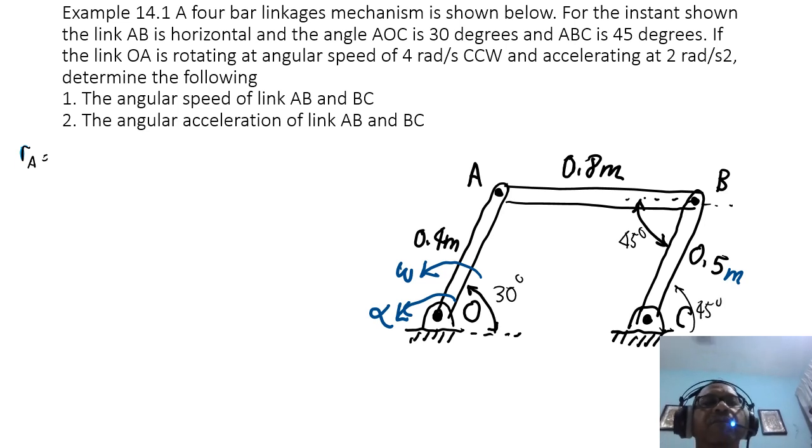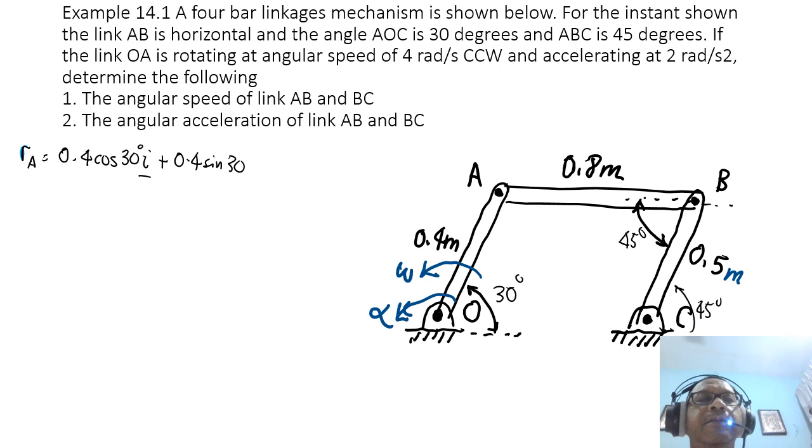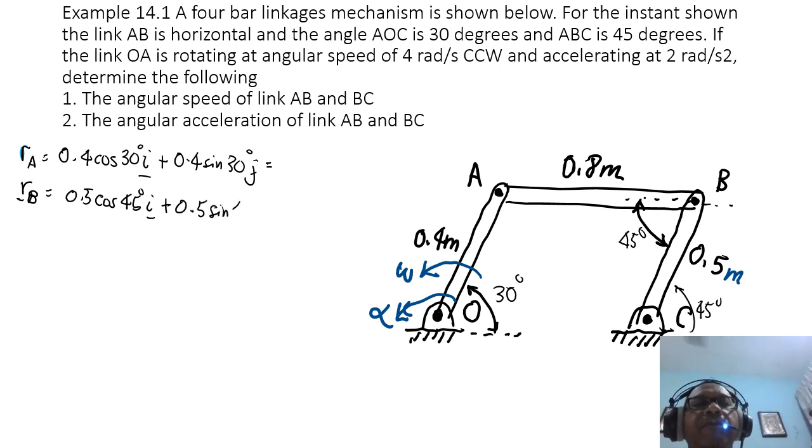Quickly, position vector A relative to O is 0.4 cos 30 degrees I plus 0.4 sine 30 degrees J. And then position vector B is 0.5 cos 45 degrees I plus 0.5 sine 45 degrees J. And position vector B relative to A is very straightforward.